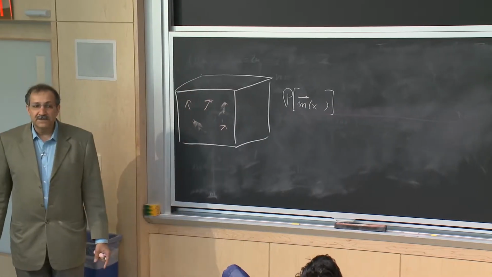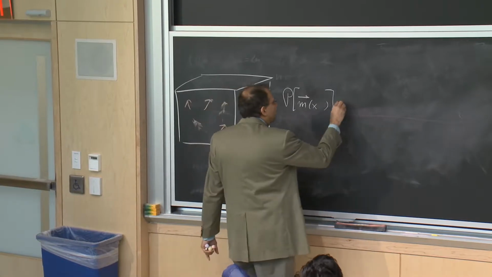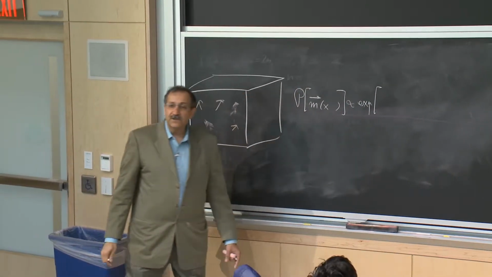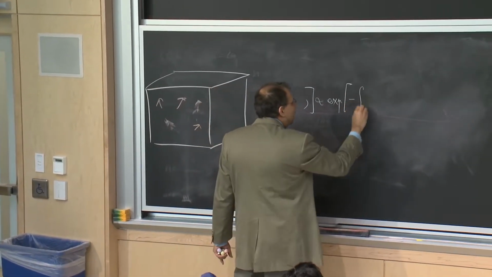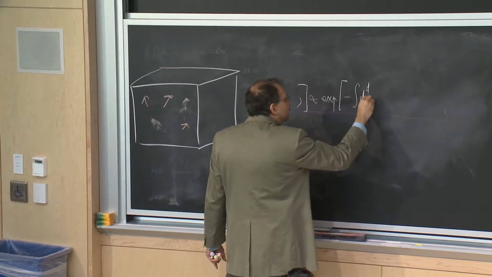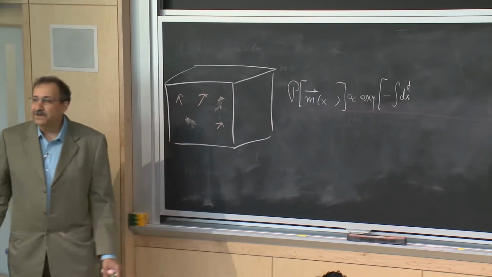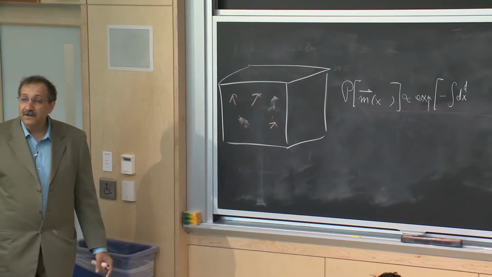And this probability we constructed on the basis of a number of simple assumptions, such as locality, which implied that we would write this probability as a product of contributions of different parts, which in the exponent becomes an integral.